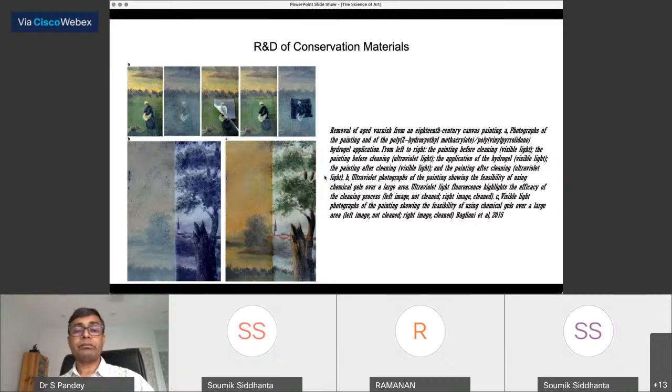If you look at research and development, a lot of research is happening today in order to understand, as I said, what materials could be suitable for conservation. And this is the development of gel systems to clean paintings.